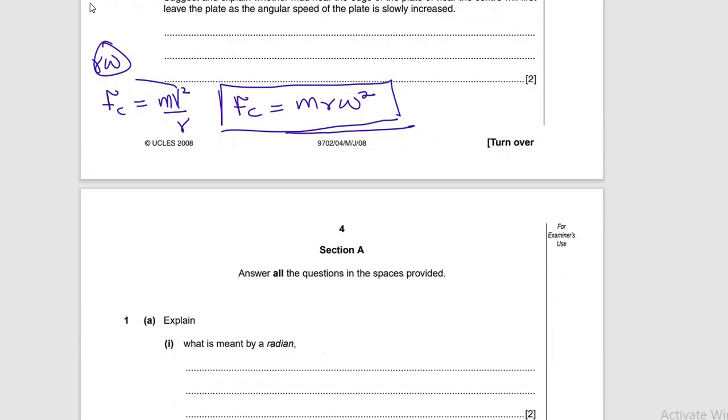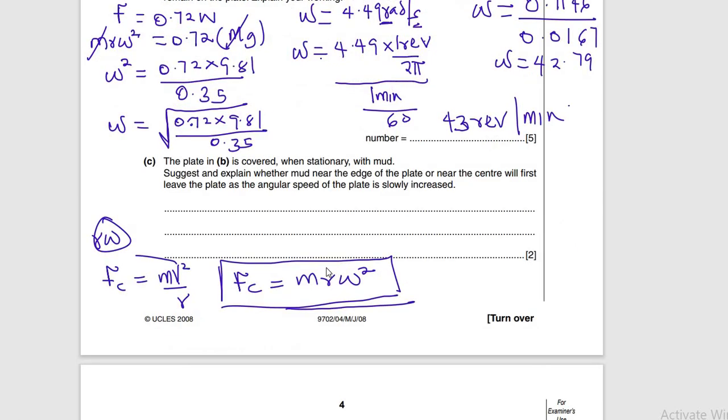Now, as the angular speed increases, the centripetal force increases, and the radius also increases.